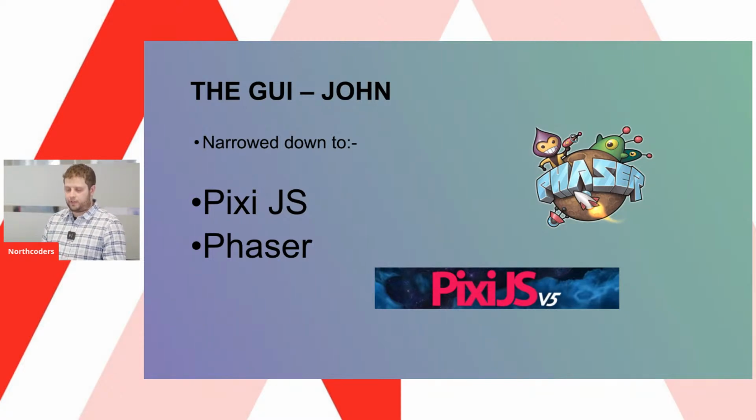Phaser is an entire framework, whereas Pixi.js is a rendering library. Both technologies work with WebGL whilst providing a canvas fallback for devices that don't support WebGL. With Phaser, we found that there were many plugins available, whereas Pixi is a free, open source library. This is one of the reasons why we decided to use Pixi, along with the fact that it renders quite fast.